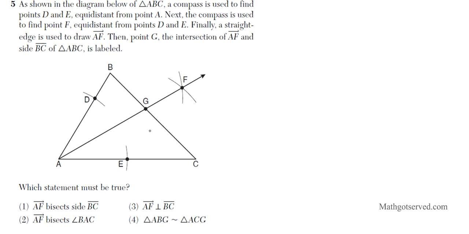So if you take a look at this statement right here, this procedure is basically the procedure for bisecting an angle. Okay, if you already know how you bisect your angles, this is exactly how to bisect an angle. So the correct answer is that AF is a bisector of angle BAC.